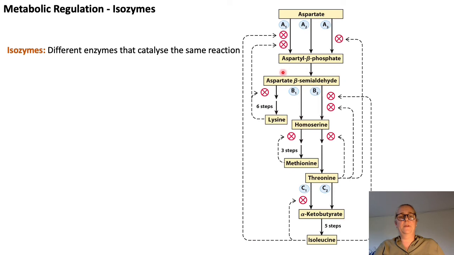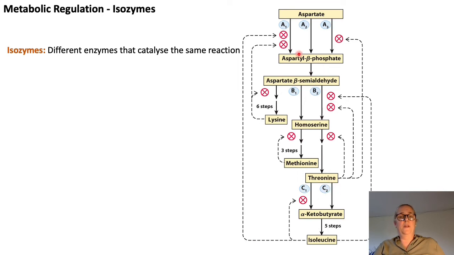The same is also true with aspartate beta semialdehyde. That can also be catalyzed by 2 different enzymes, which produces homoserine. Threonine can also be catalyzed by 2 isozymes, C1 and C3.